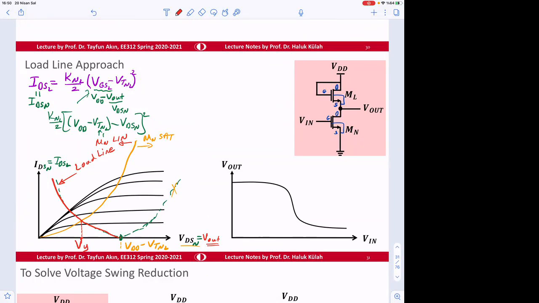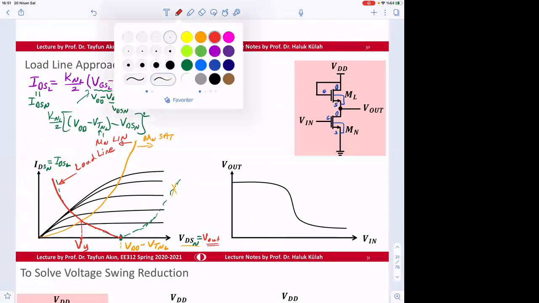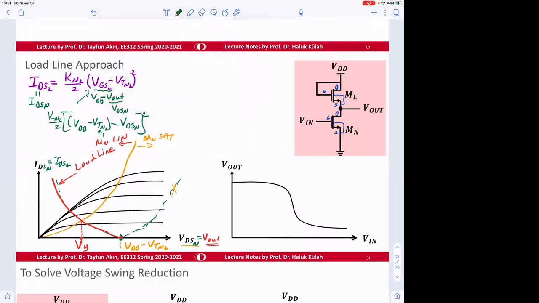So the solutions. Okay, now we can look at the solutions. Here is one solution, and that corresponds to this line. What is that line? V in lower than Vtn.